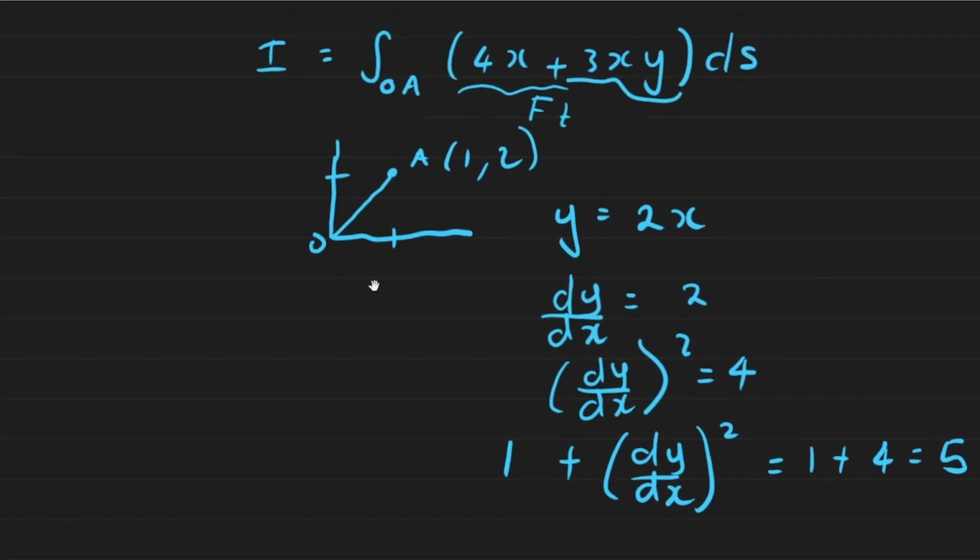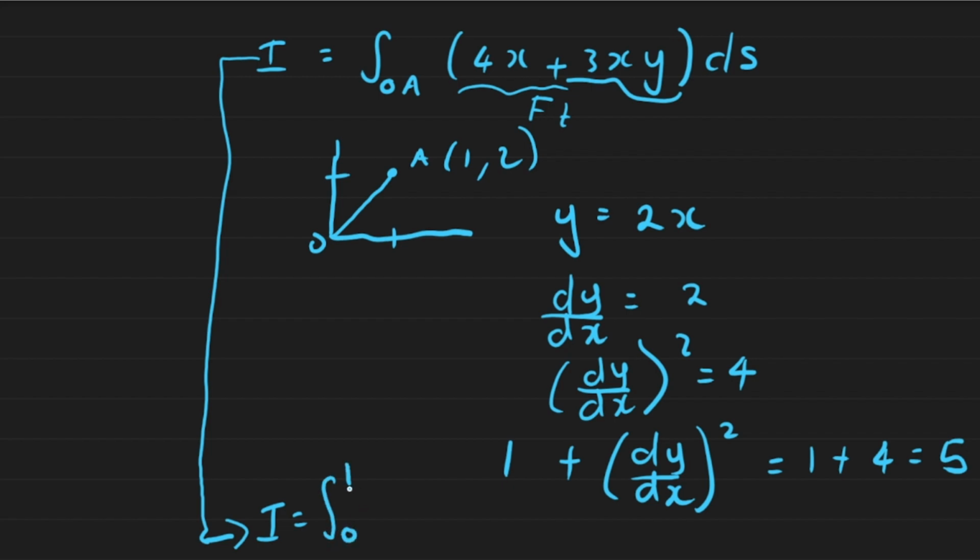Our initial integral required 4x plus 3y. So what we're left with is that I is equal to the integral from 0 to 1. That's our integration boundaries. And for the function 4x plus 3y, y is equal to 2x, so we have to substitute that in.